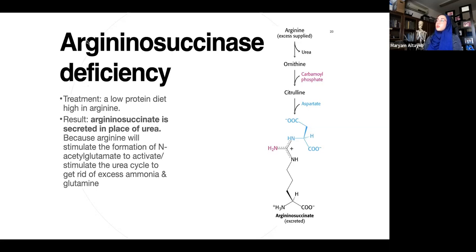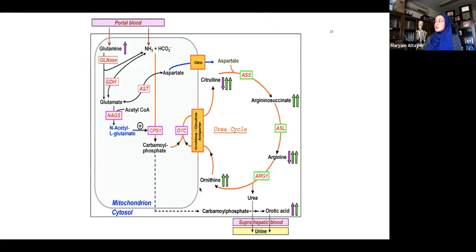Okay, so here just remember, for argininosuccinase deficiency, we need to treat with a low protein diet that is high in arginine. Why? What happens is the argininosuccinate is going to be excreted in place of urea in the body, right? Because you basically can't get past this step to make urea. So you want a diet that's high in arginine, okay?